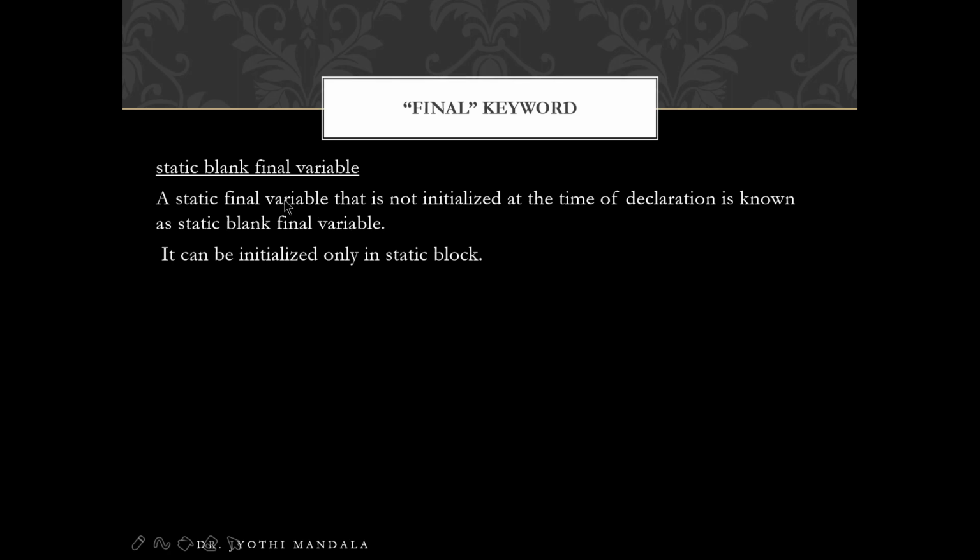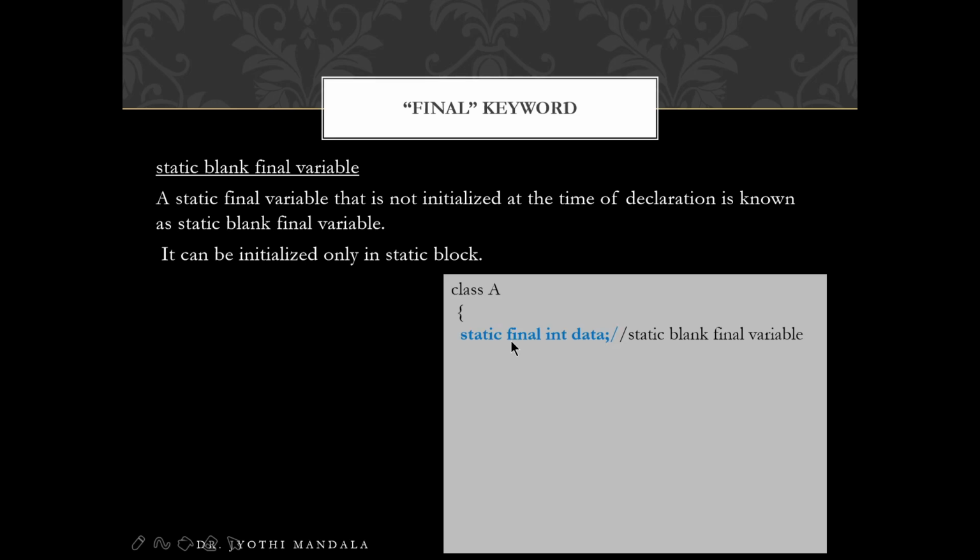Final variables are initialized only in the constructor if it is not initialized at the time of declaration, right? You can see an example here. If it is final int data only, static is not given, let us consider, then final int data will be initialized only in the constructor called A. But here I have added one more keyword called static, right? So if you are taking static final int data, then this data variable has to be initialized only in the static block, right?